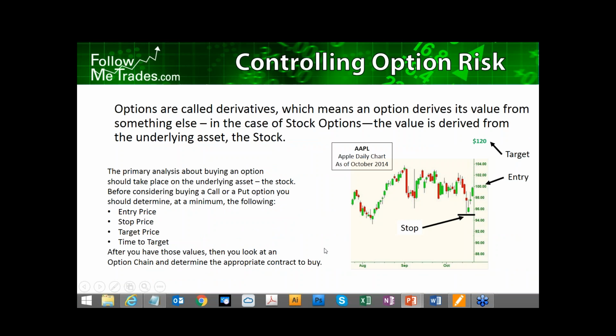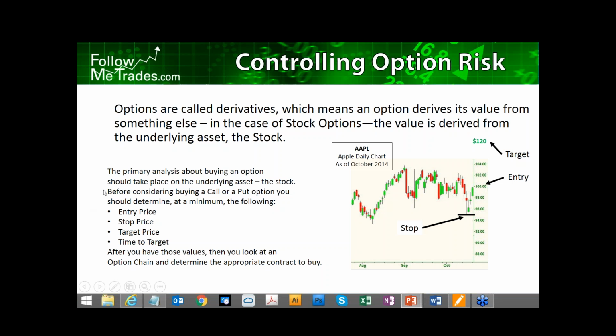Controlling option risk. Options are derivatives, which means any derivative derives its value from something else. In the case of stock options, the value is derived from the underlying asset, the stock. This is an option to buy or sell the stock. The value comes from the stock itself. So the primary analysis that you do before you buy an option, whether it's put or call, takes place on the underlying asset, the stock.